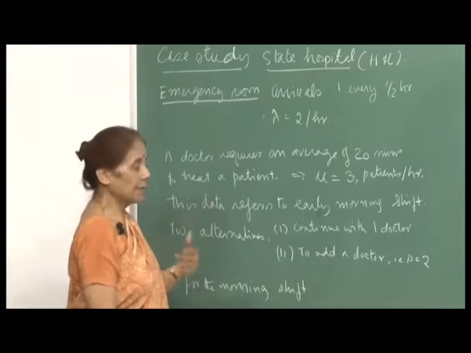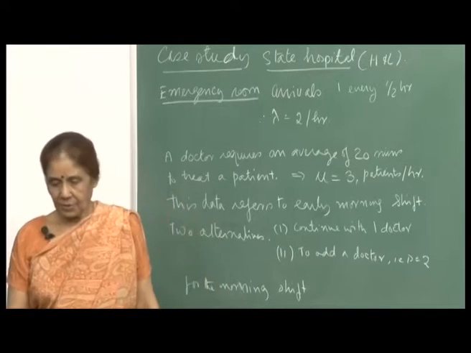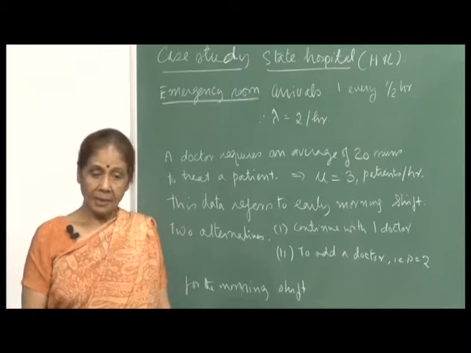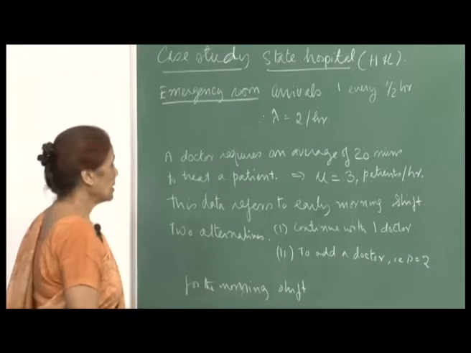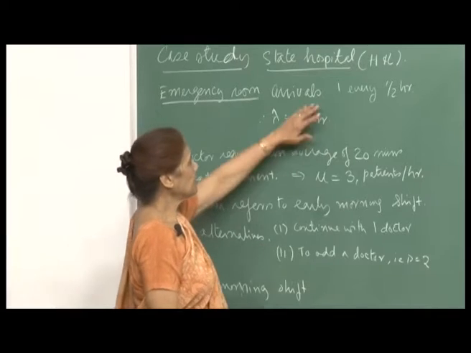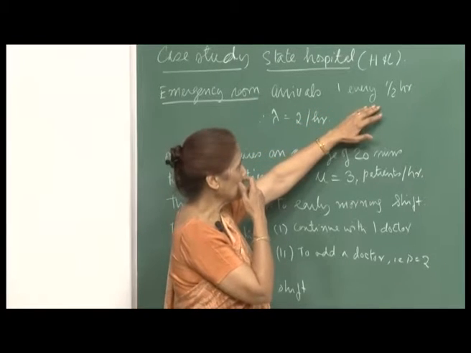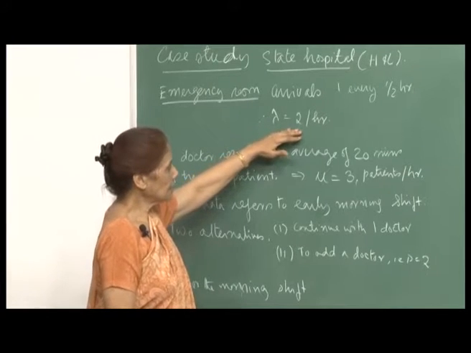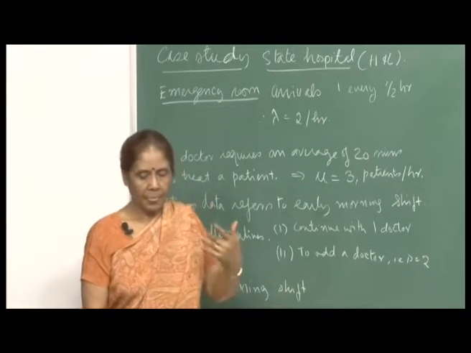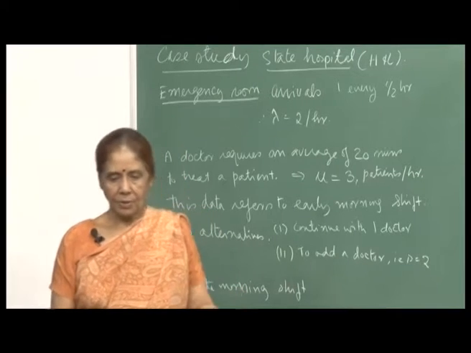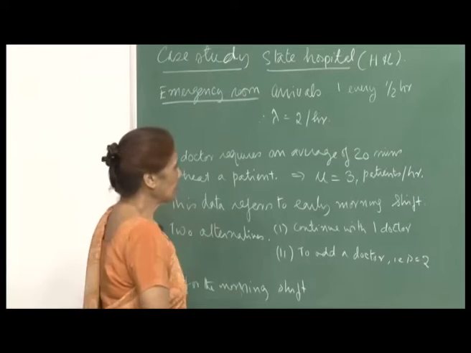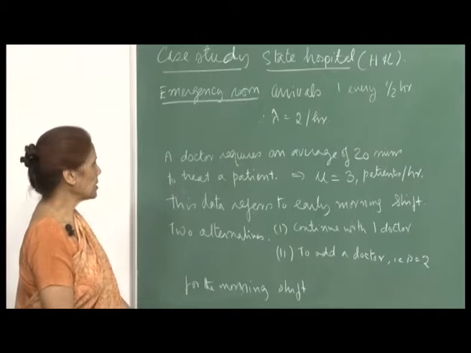For some reason, often the emergencies are in the early hours of the morning. Arrivals are 1 per half hour, so your arrival rate is lambda equal to 2. Here again, it was found suitable to model the arrivals as Poisson, and the service process is negative exponential.